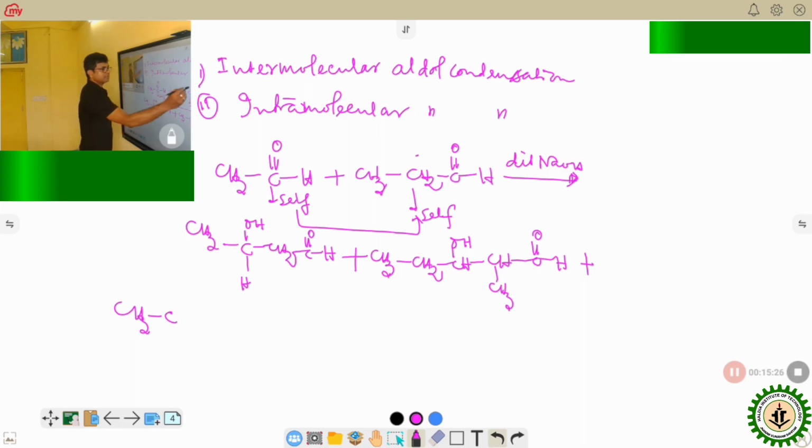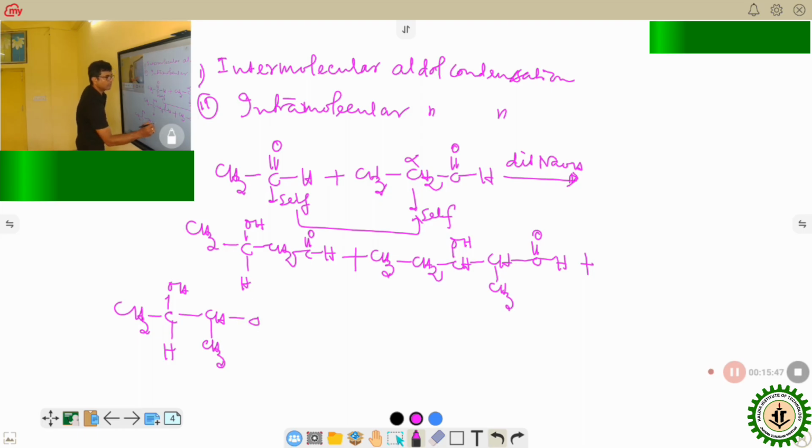From the alpha hydrogen of this, this carbon will attack this carbon to form this aldol, beta hydroxy aldehyde, OH, from the alpha hydrogen of another aldehyde molecule.